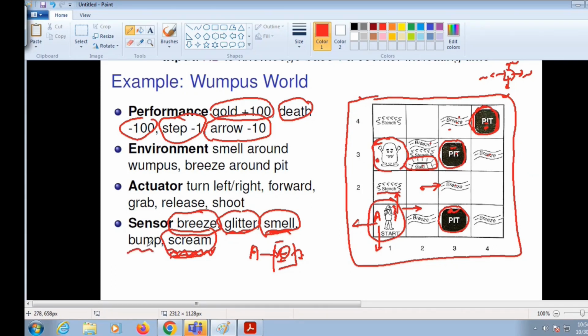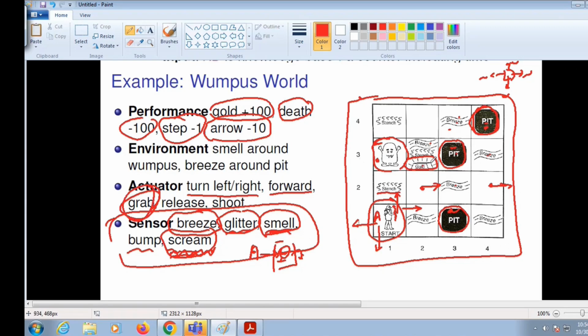So bumps are also needed, bump sensors, because if he is here and tries to move in this particular direction, he would get a bump. So he knows that this is not the right direction to move. So these are the sensors that are deployed over here. What kind of actuators are there that can act on the system? He can turn left, turn right, go forward, and grab.